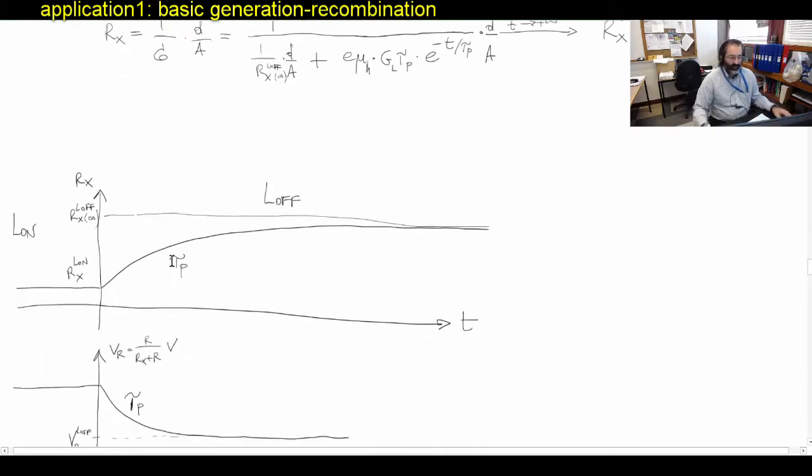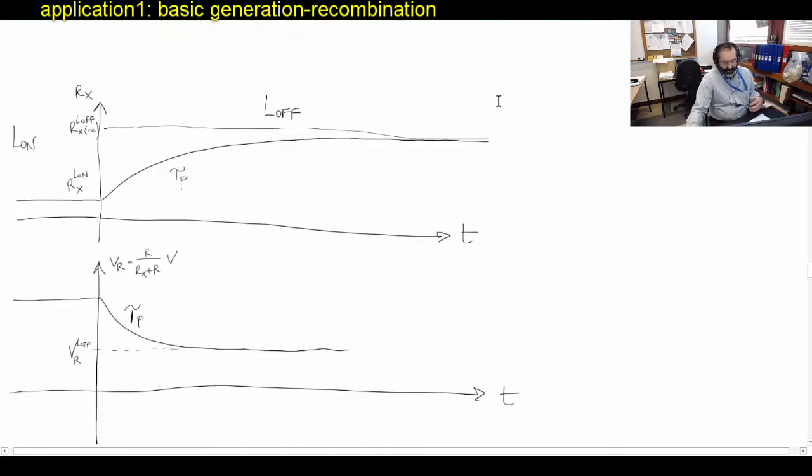This is what we are plotting here. When the light is on, the resistance is Rx L on, which is small. As soon as we switch off the light, there is a transient, and then it recovers the value Rx infinite L off, the thermodynamic equilibrium value. This transient has a time constant tau p.